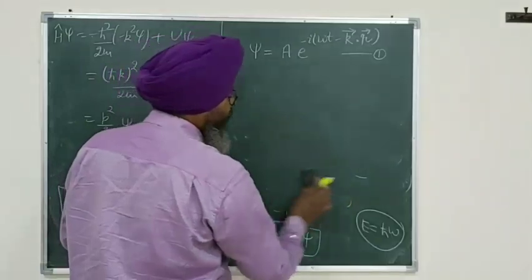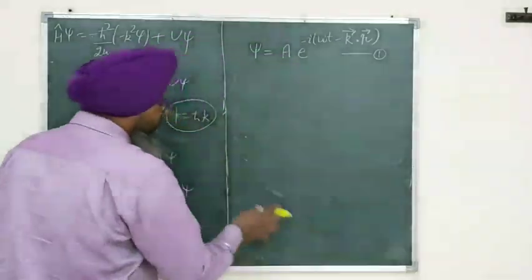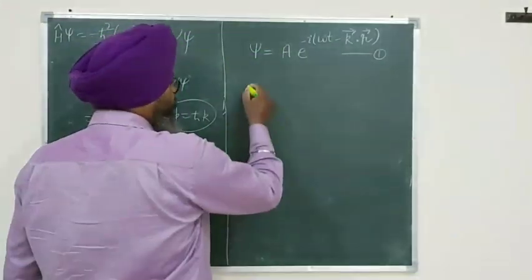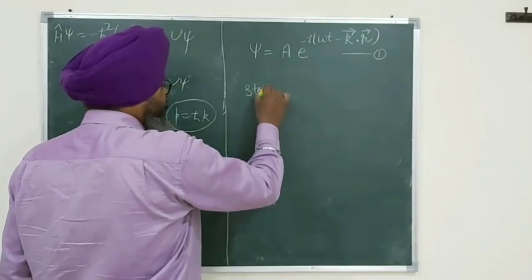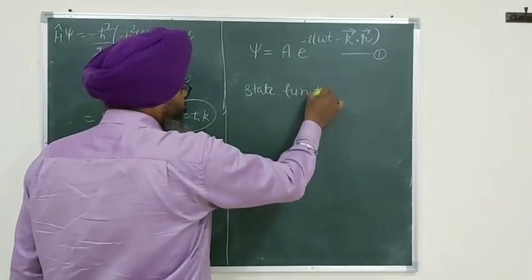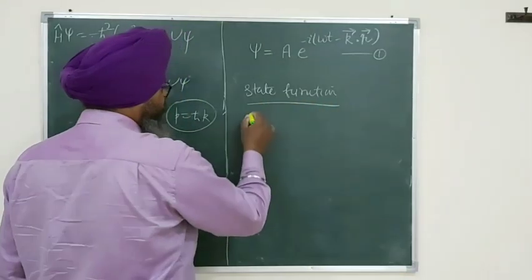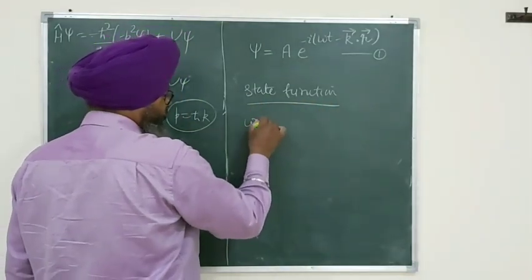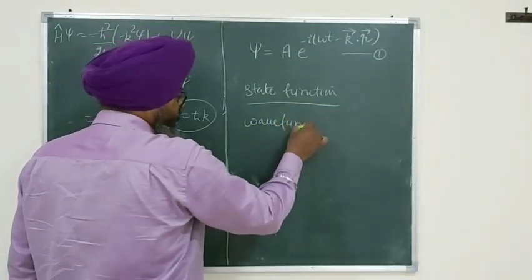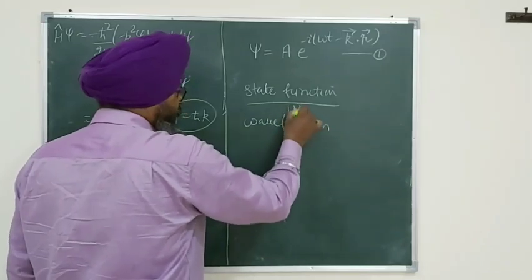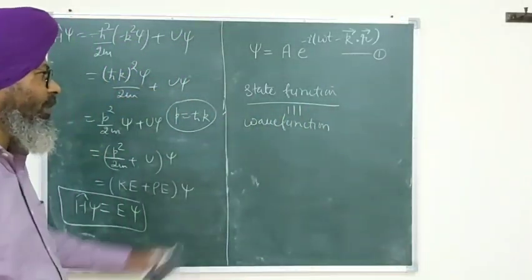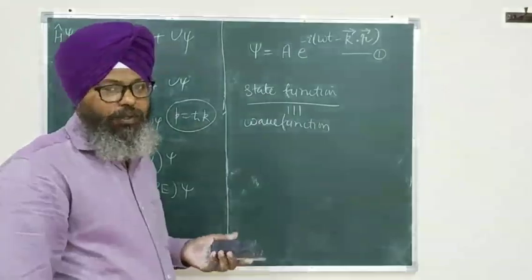So please remember, from today onward, whenever we use the word state of a system, it means the wave function. I would put three equal signs here. These are equivalent. State function and wave function are equal.